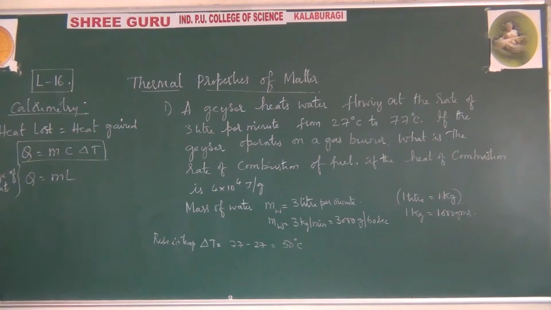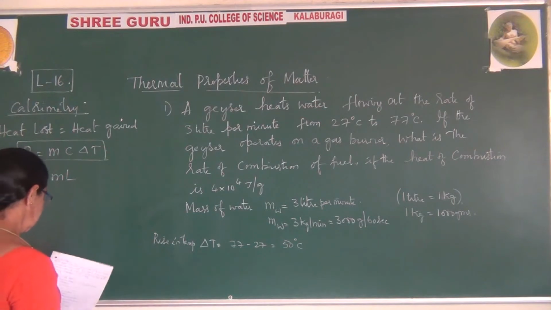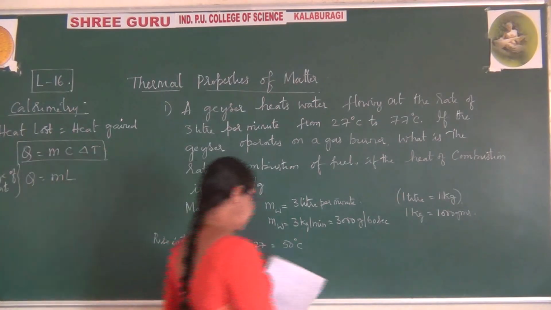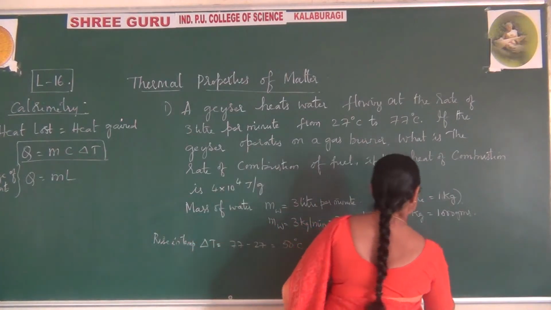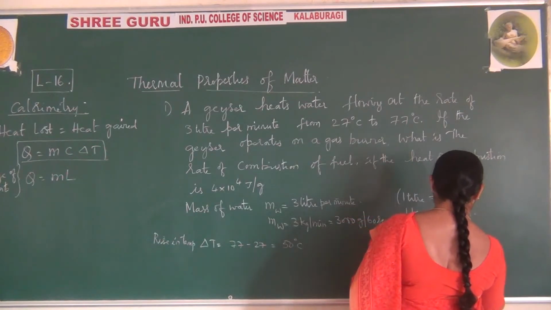Here you have to take m, which is 3 liters per minute given, the rate of combustion given here. First let me write the conversion: 1 calorie is equal to 4.2 joules.